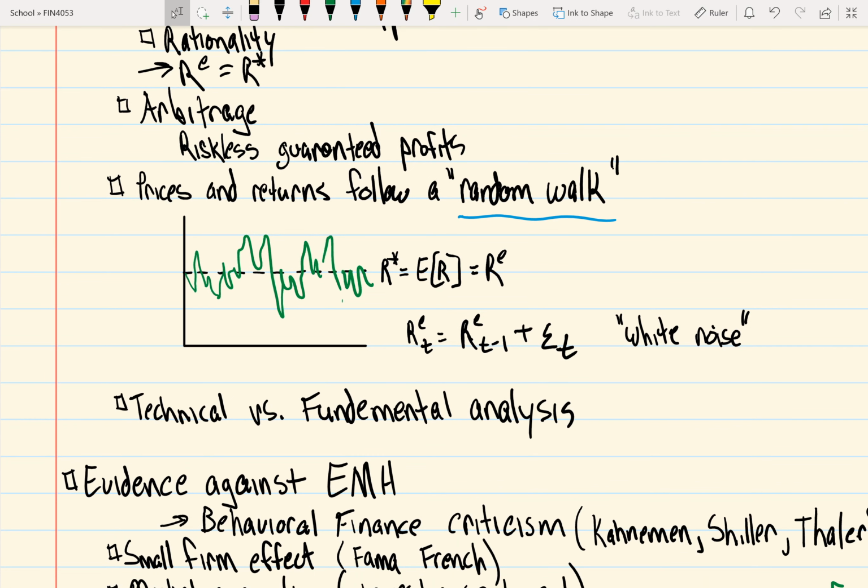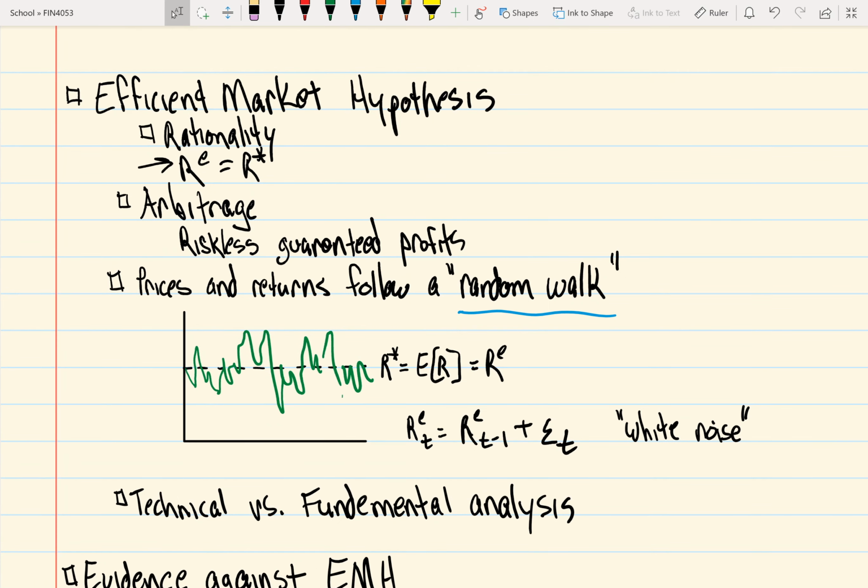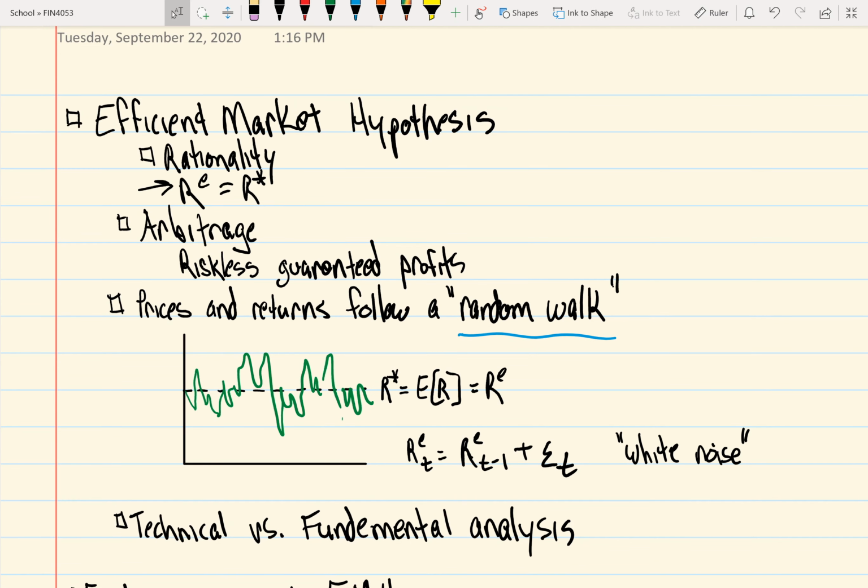Next they talk about technical analysis. Generally speaking, there are two different ways that traders try to make a living trading stocks, and that is technical or fundamental analysis. Technical is where they're only looking at the past information of the stock price. So this random walk, or a model like this where there's time t and time t minus 1, would be like a technical analysis, where they look for patterns.